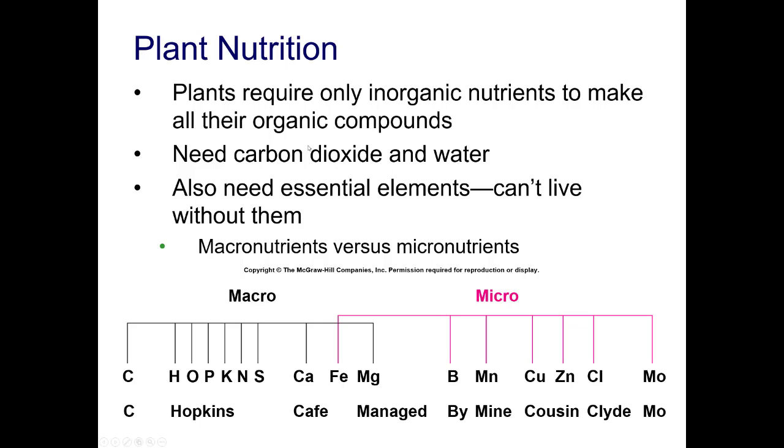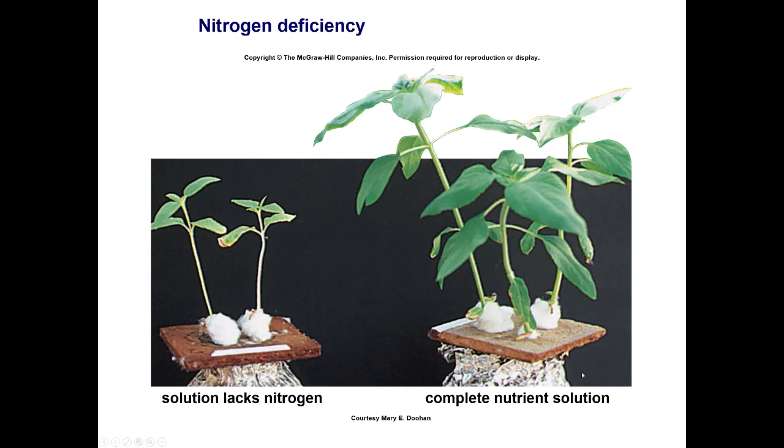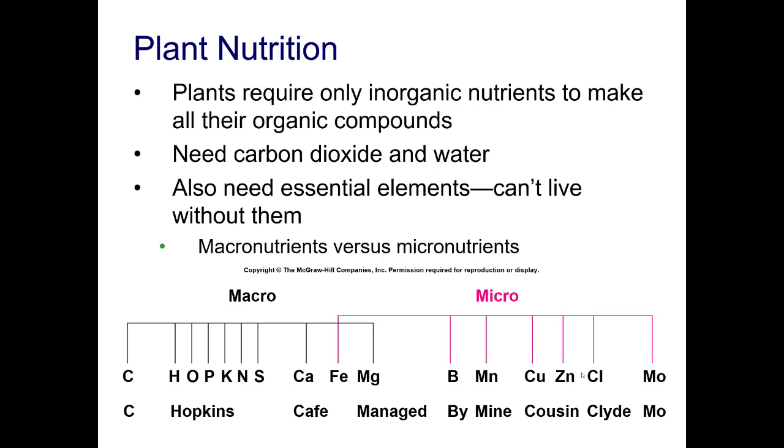And what you can see here is, of course, carbon, hydrogen, oxygen, phosphorus, potassium, nitrogen, sulfur, calcium, iron, magnesium, boron, manganese, copper, zinc, chloride, and molybdenum. And these are all nutrients that are required for function. Of course, the first couple make up the large majority of the organic material in the plant.